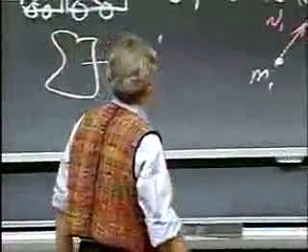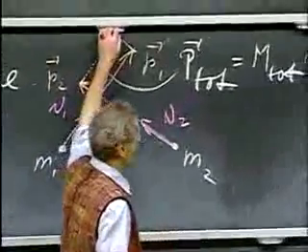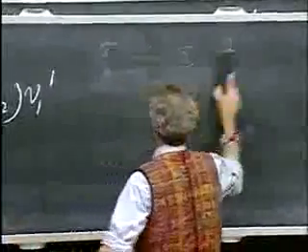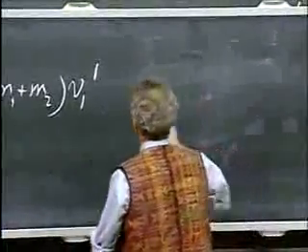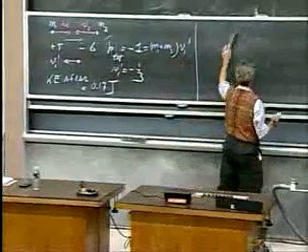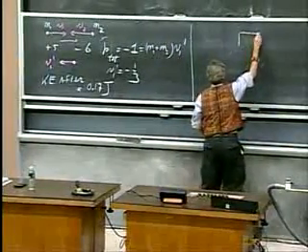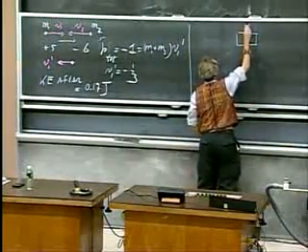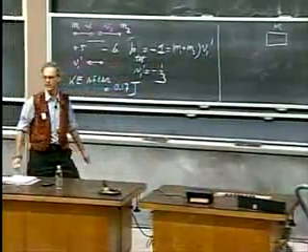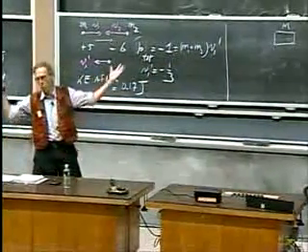Can we have in a collision an increase of kinetic energy? Well, it depends on how you define the word collision. The answer is yes. And in fact, I will show you an example and even do a demonstration. In the most simple case that I can think of, I have here a block which has a certain mass m. But there is an explosive inside. And all of a sudden it goes boom!